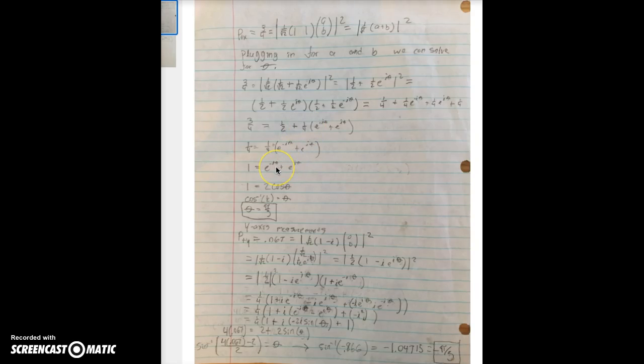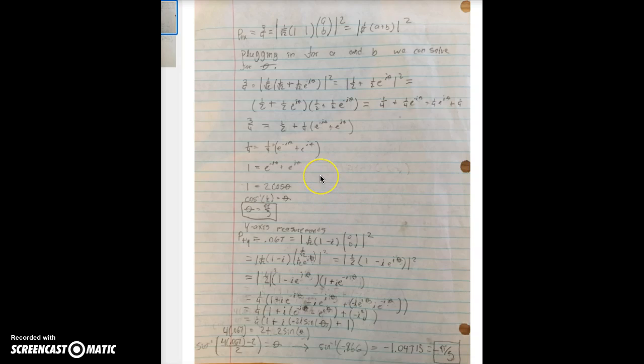But theta can't be equal to both pi over 3 and negative pi over 3. So we can look here, and we see if we plug in a negative pi over 3, then this will still be equal to 1. But if we go down here and we plug in a positive pi over 3, we'll get a different answer.